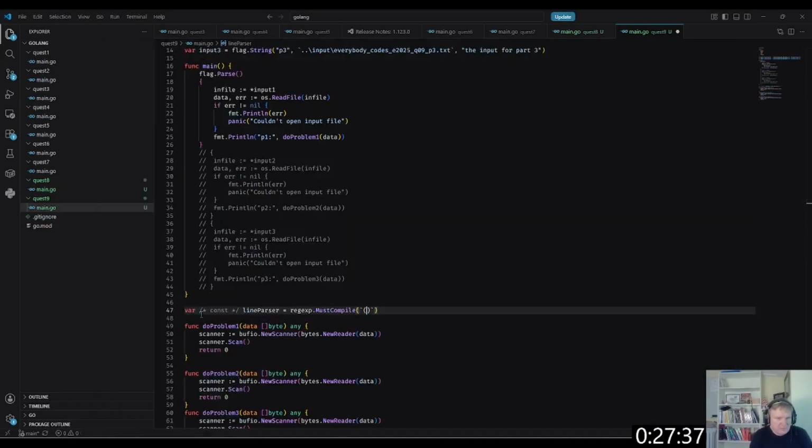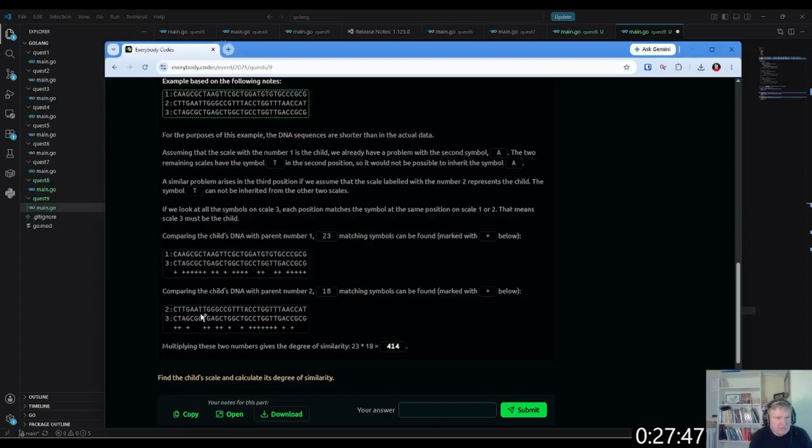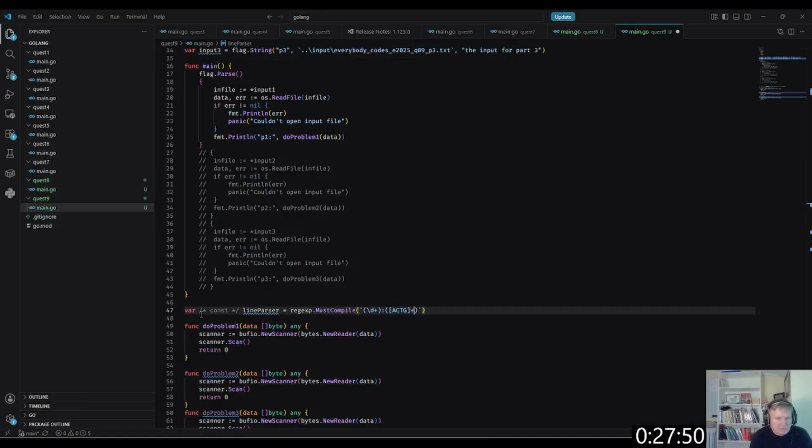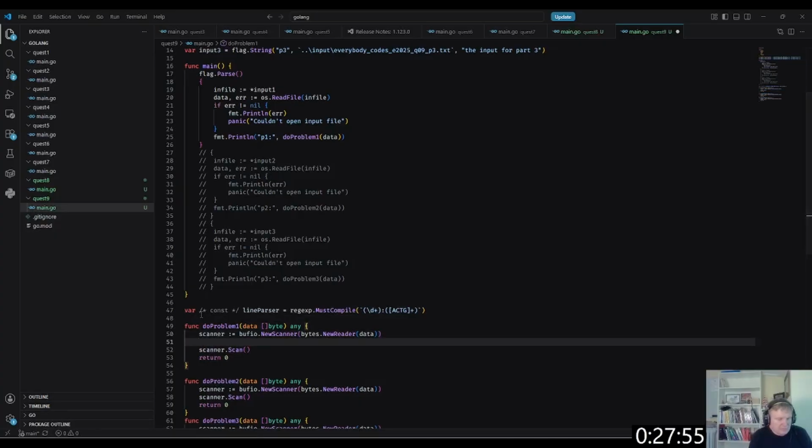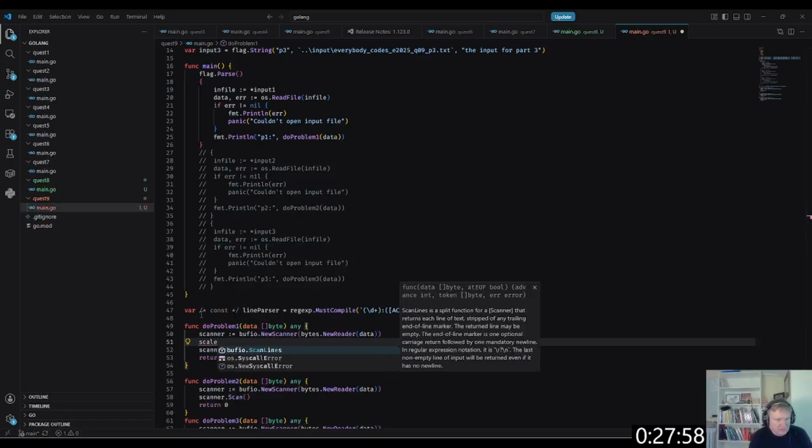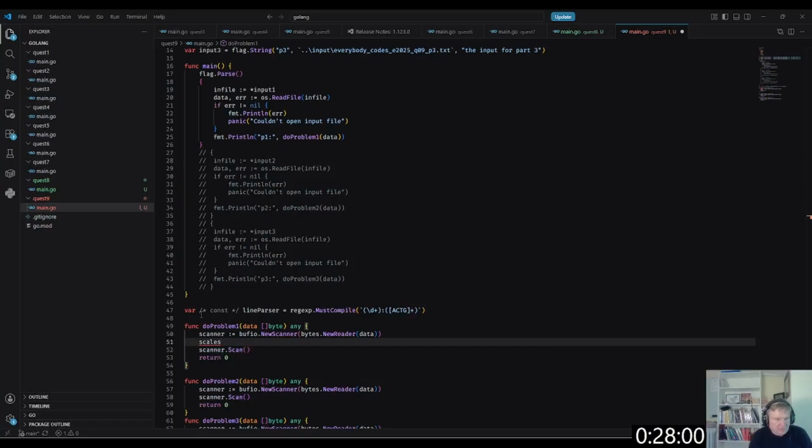This is \d+ colon [ACTG]+ scales. For right now we're just going to store these as string arrays.